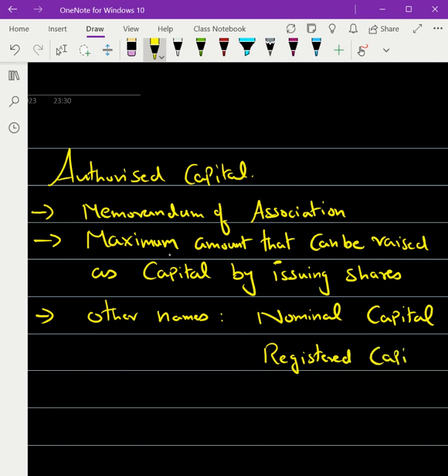These are the technical terms you have to understand with respect to authorized capital. So the first capital we discussed is authorized capital. It is mentioned in the memorandum of association of the company. It is the maximum amount that the company can raise as capital by issuing shares, and it has two other names: nominal capital and registered capital. Is this clear to you all?